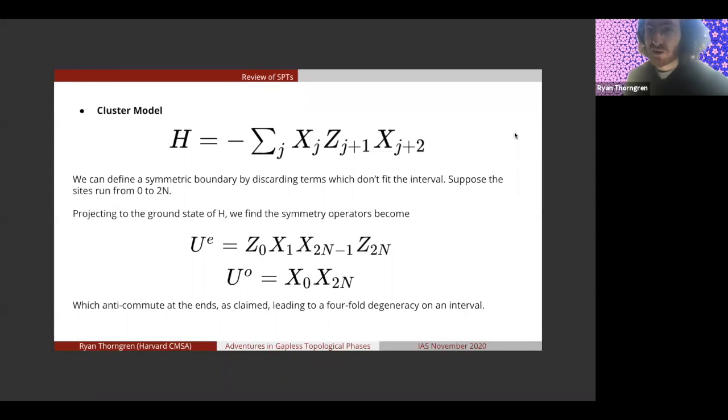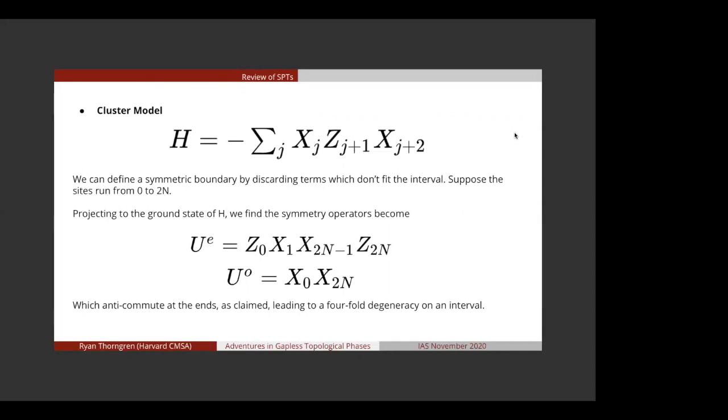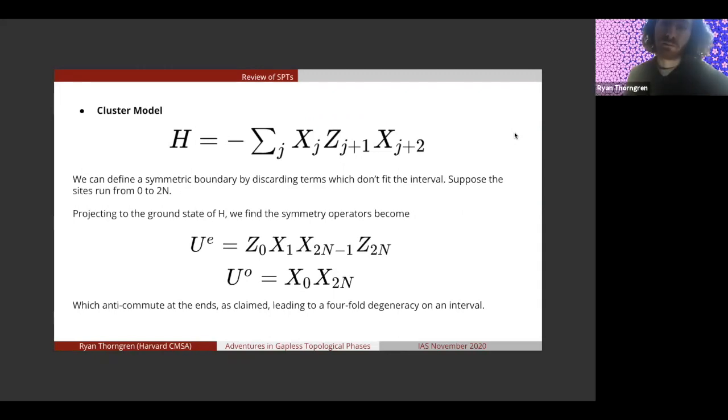It's always a little bit better to study it on an interval. But then isn't there a difference between having an even and odd number of points? Actually, no. They will be different boundary conditions. Well, sort of. It'll look different, but it'll really be the same. We'll end up with the same degeneracy in either case.